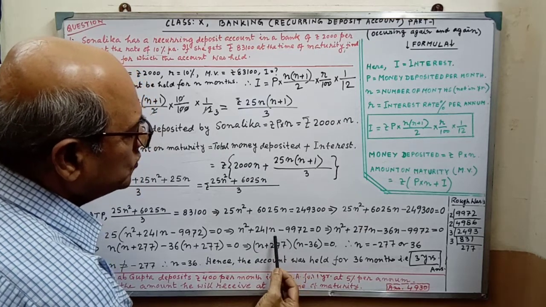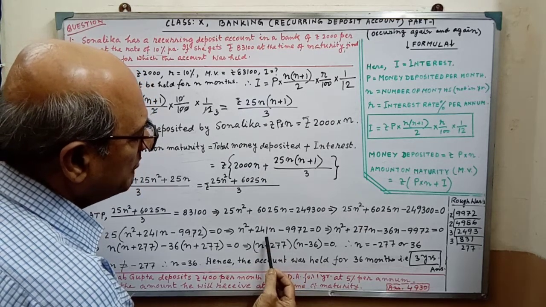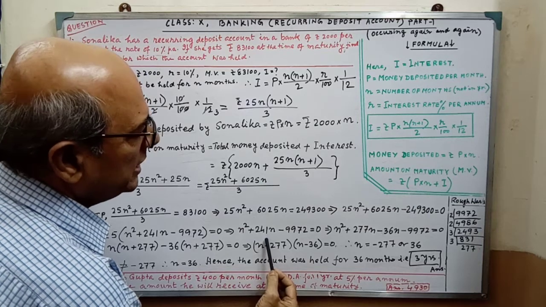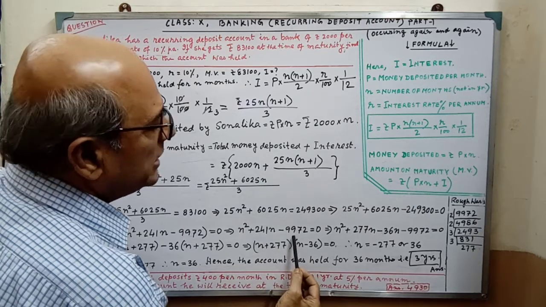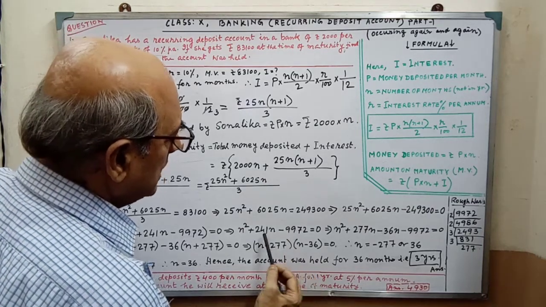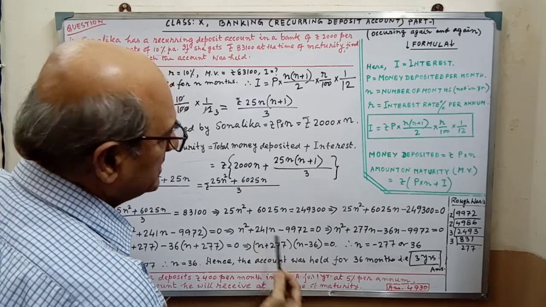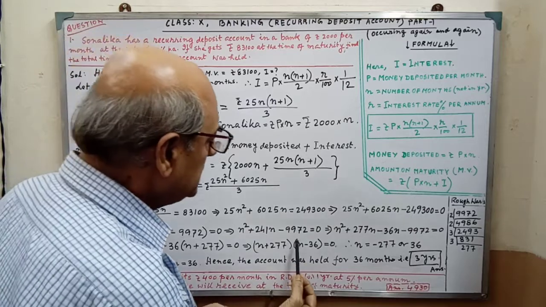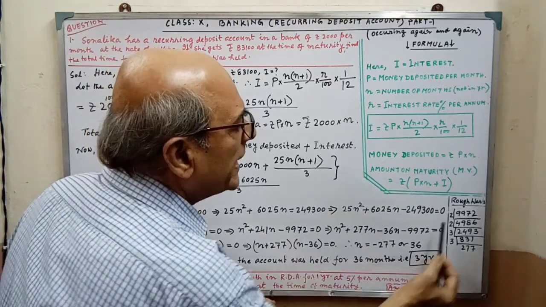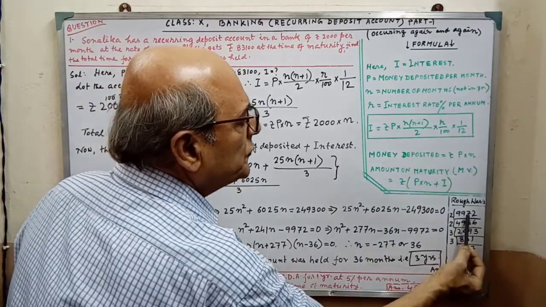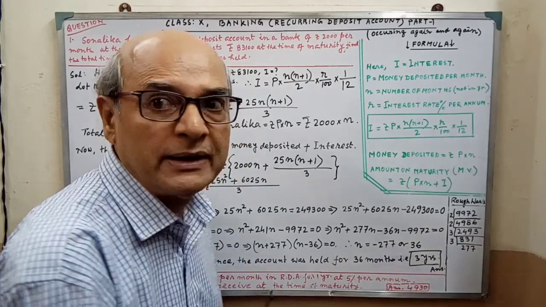This expression we have to break by middle term factorization. You know very well, we have to find out the factors by breaking this middle term. The method, we have to find out the LCM.